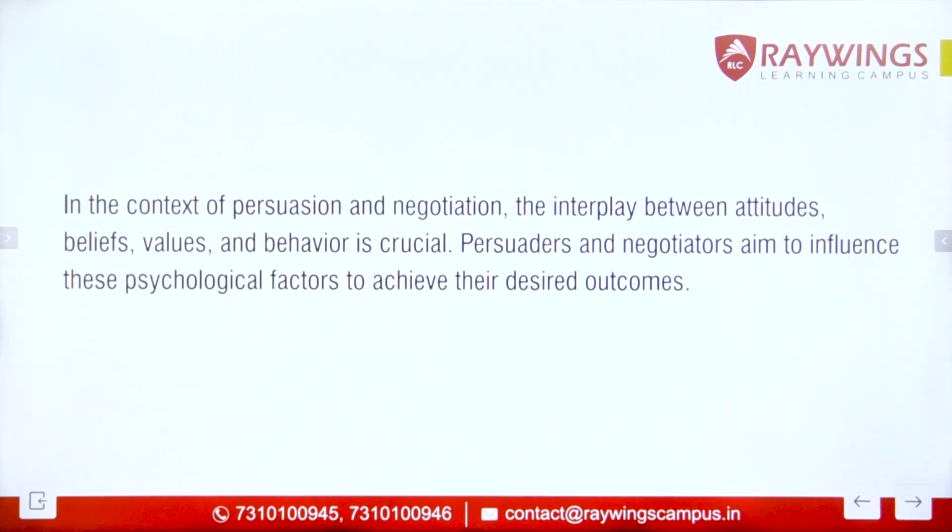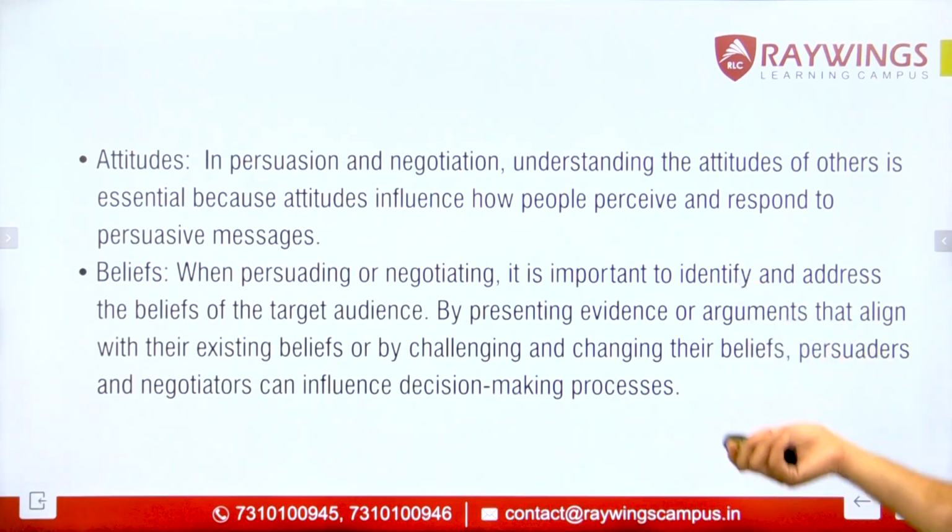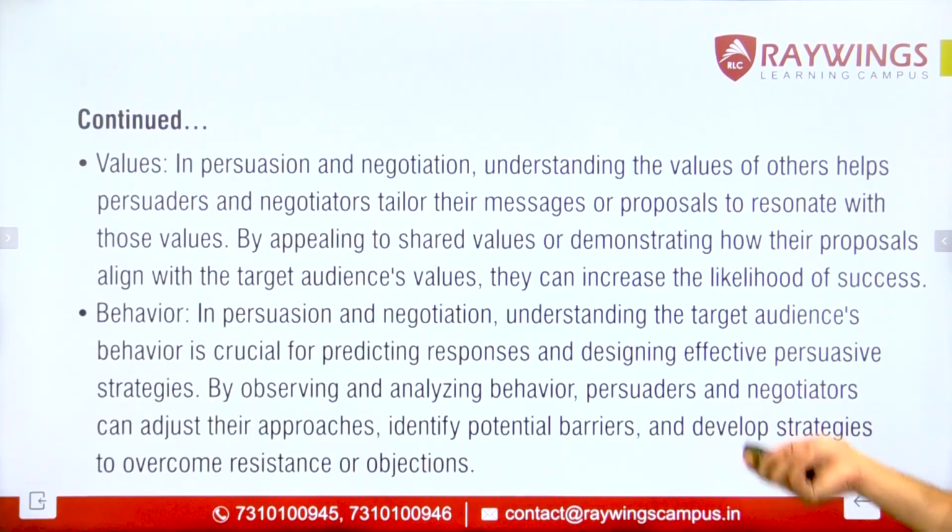In the context of persuasion and negotiation, the interplay between attitudes, beliefs, values, and behavior is very crucial. Persuaders and negotiators aim to influence these psychological factors to achieve their desired outcome. So these are some of the psychological factors which I told you about, like attitude, beliefs, values, behavior.